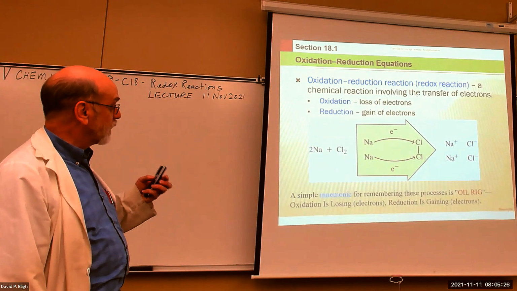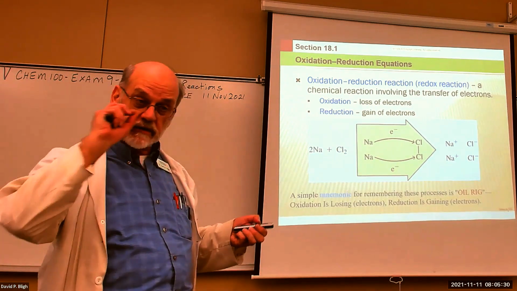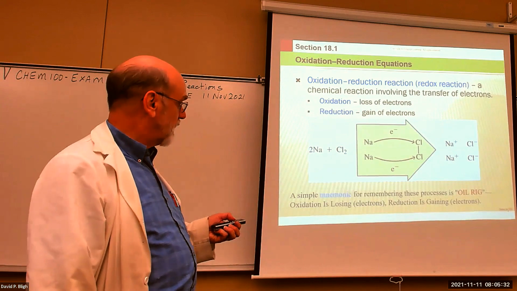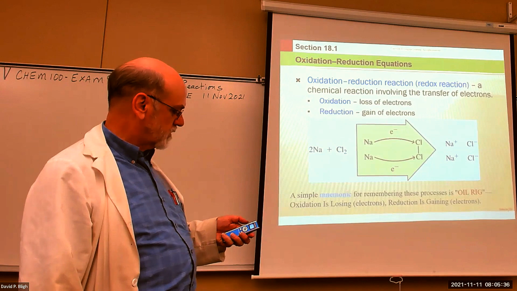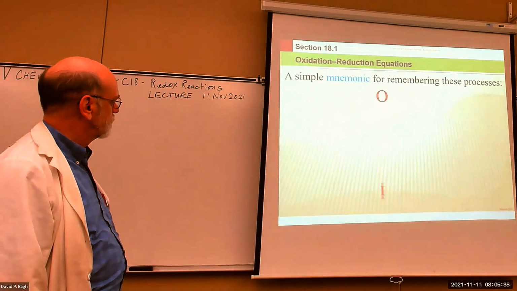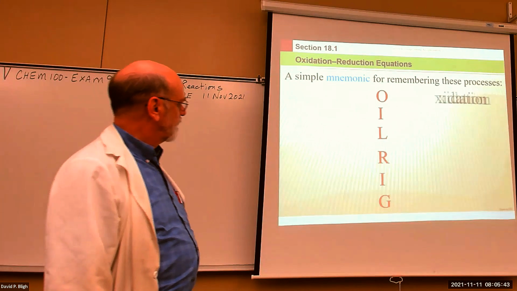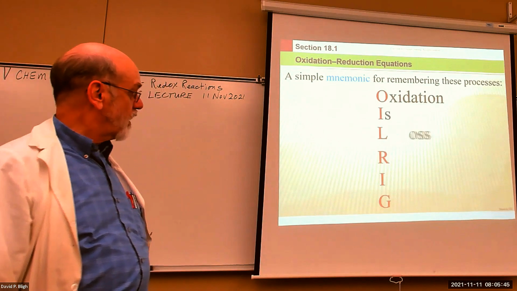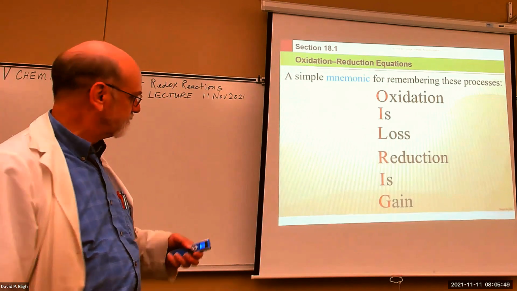Now, remembering what that means, if you've never been exposed to this concept, there's a real easy mnemonic device. It's called OIL RIG. Oxidation is loss and reduction is gain.